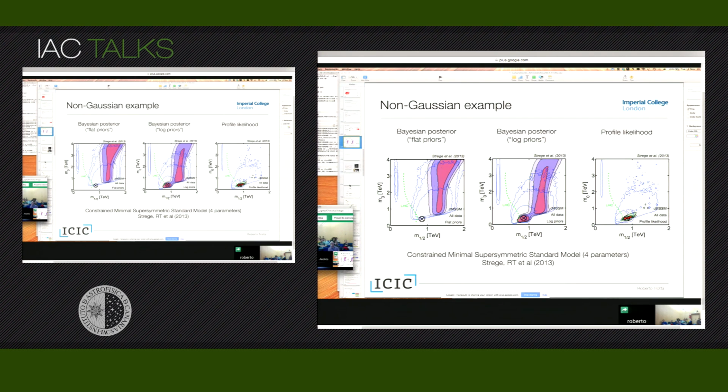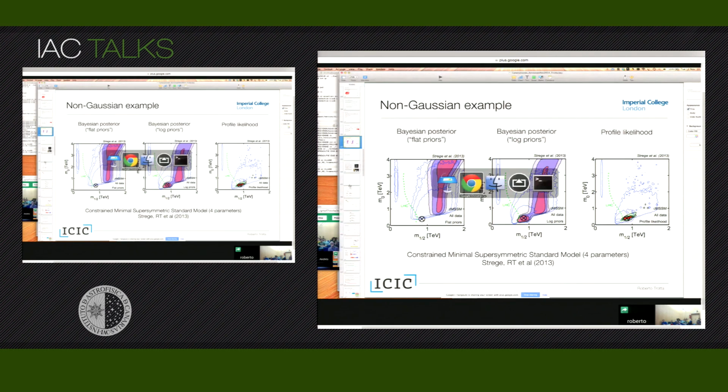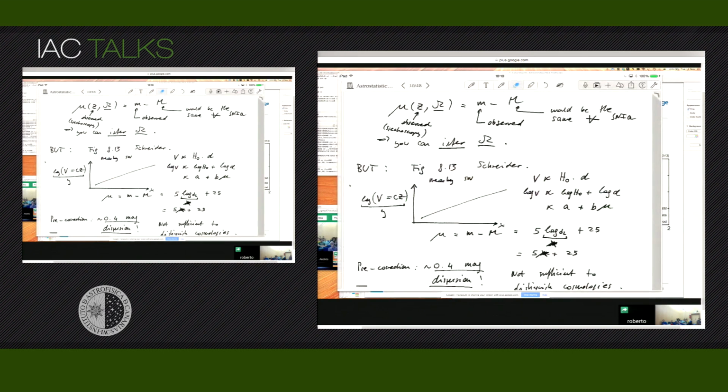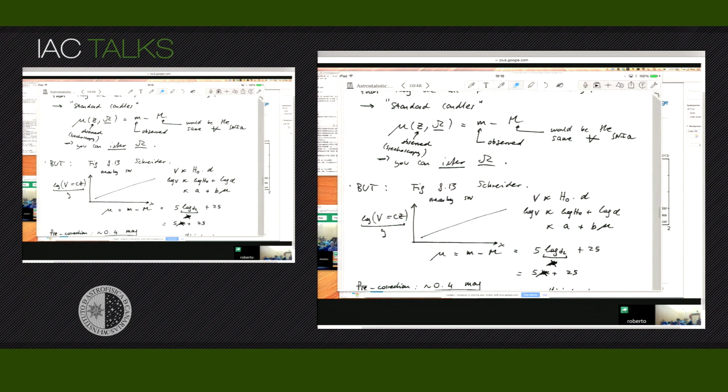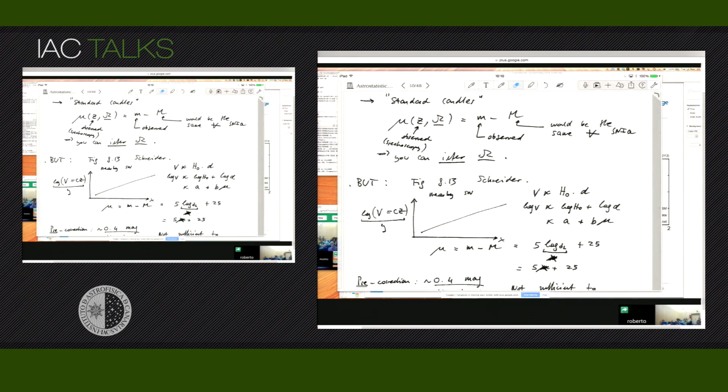Okay, back to supernovae. Okay, so the plan is simple. We want to use the standard candles and use this relationship here. The distance modulus at redshift z, which depends on cosmological parameters, is given by the difference between the observed magnitude and the absolute magnitude, which we don't know, but we know it's a constant if the supernovae are all the same.